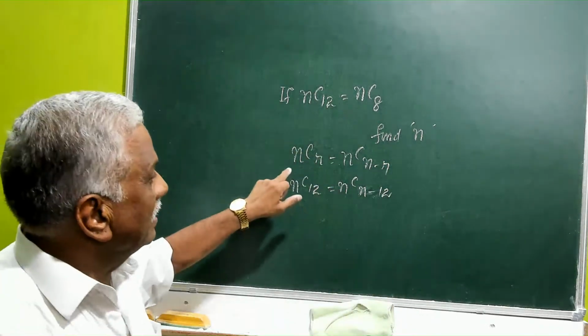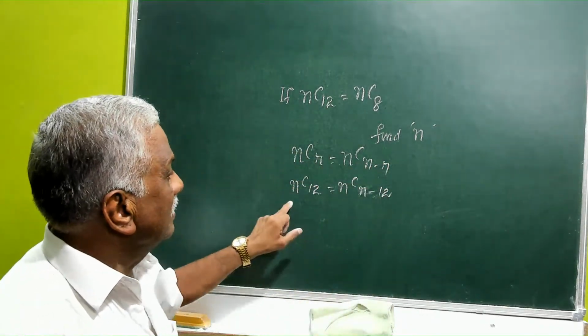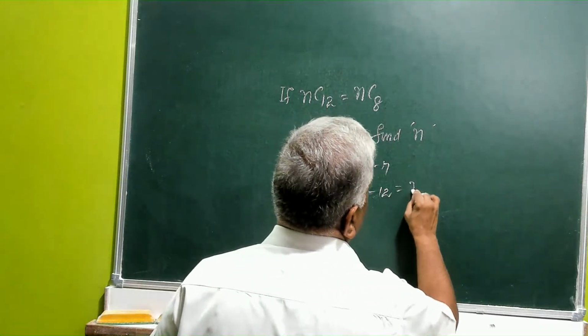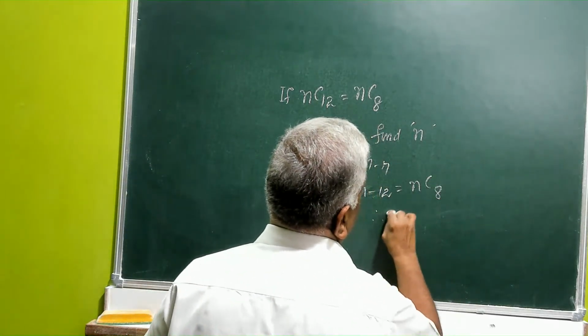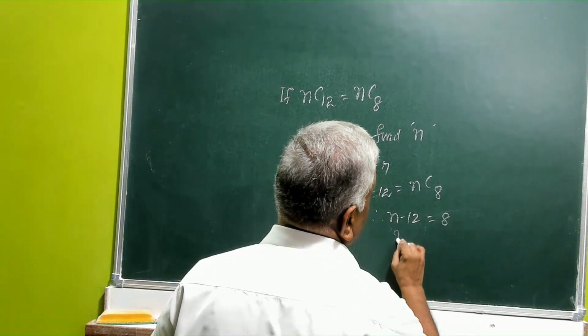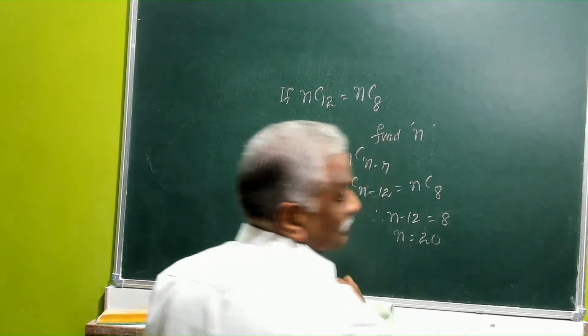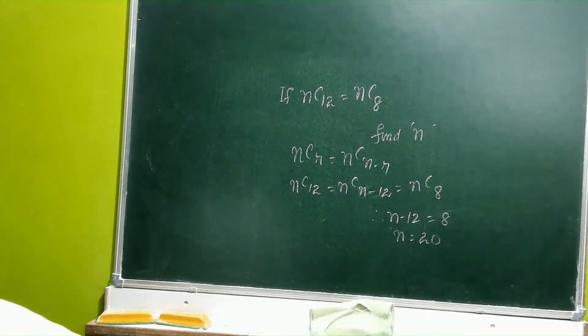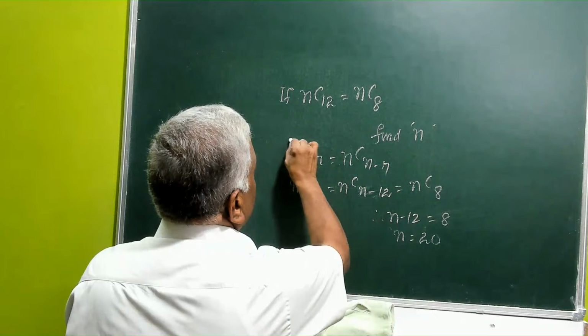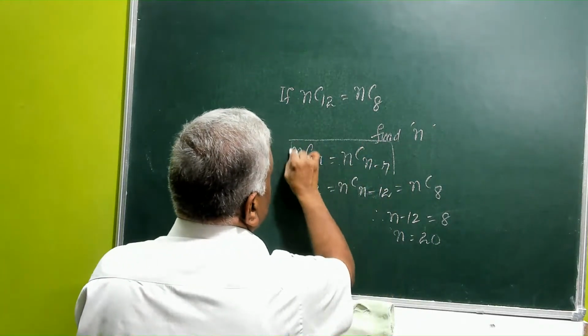When you use this formula, nC12 should be nC(n minus 12), but that has been given to be nC8. Therefore, n minus 12 should be 8, that is n is equal to 20. I think you got the point. A very simple one. We can work it out provided you remember this.